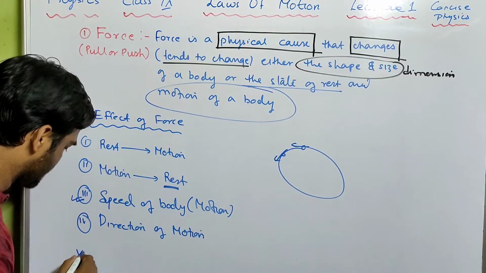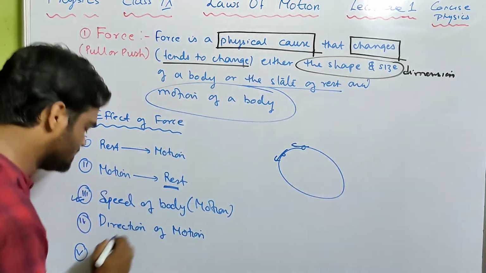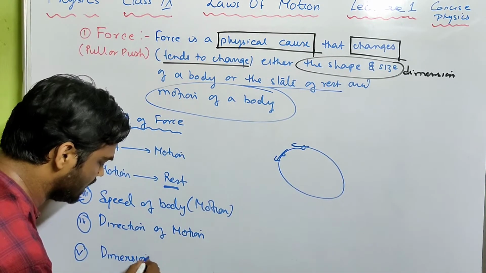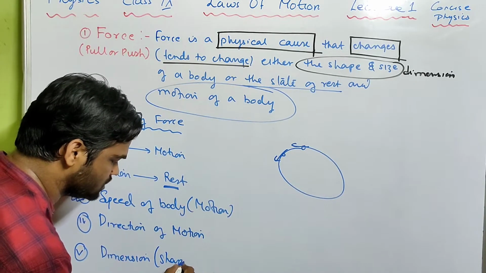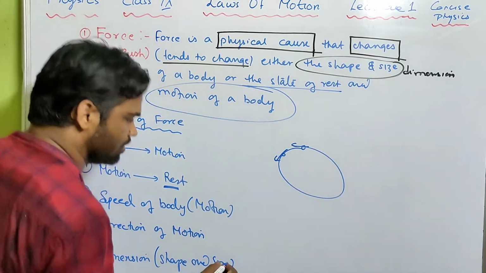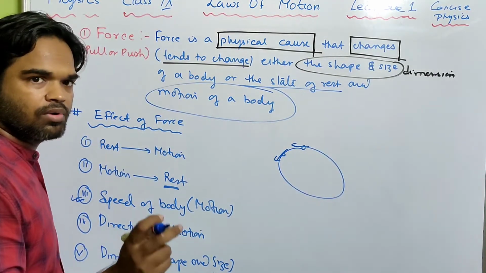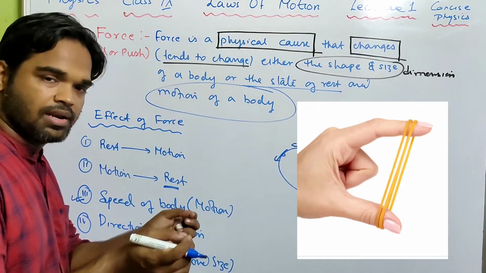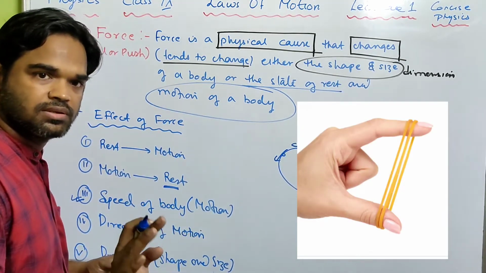Then we can change the shape and size, which means we can change the dimension of the body. For example, when you press a rubber, what happens? The shape of the rubber changes. When you stretch a rubber band, the length of the rubber band increases, isn't it?